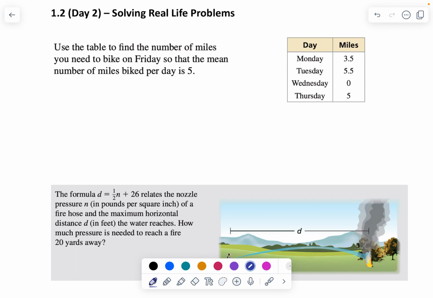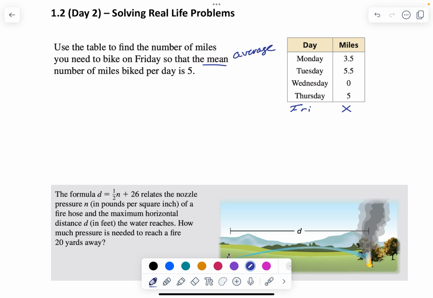The first example says, use the table to find the number of miles you need to bike on Friday so that the mean, and if you remember, mean means average, the average number of miles biked per day is 5. So in other words, here's Friday. We need to figure out how many miles he needs to ride on Friday so that when we average all these numbers together, it's equal to 5.